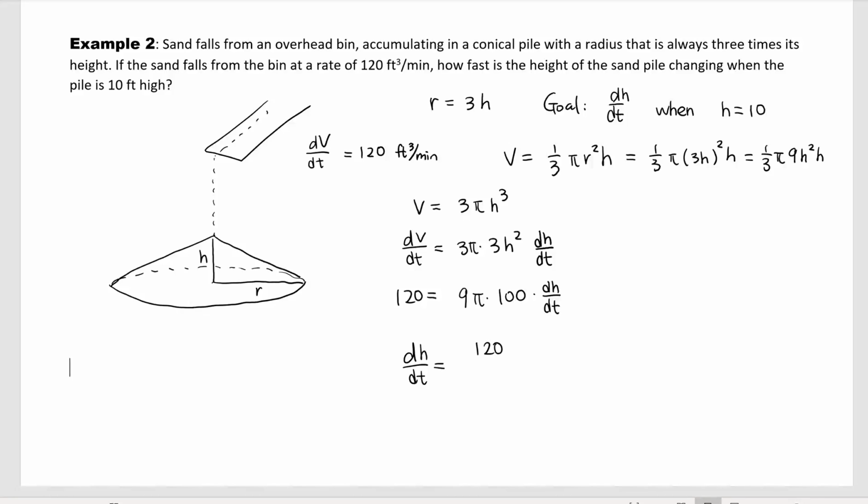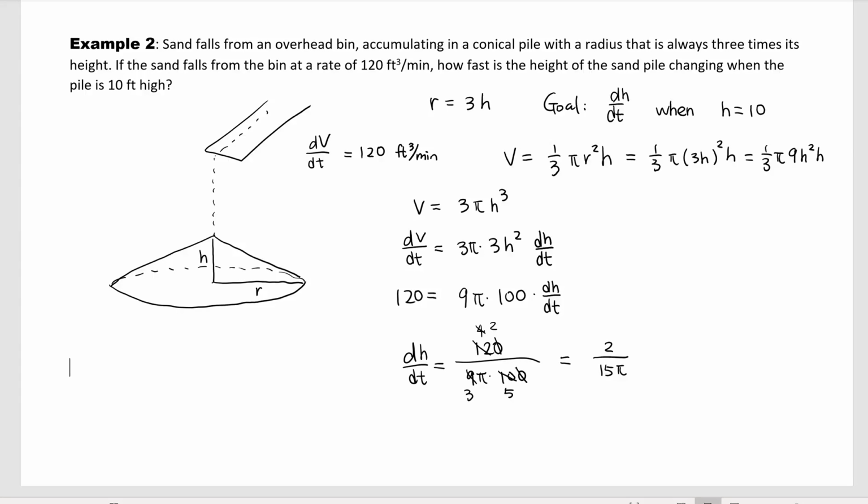That is 120 over 9 pi times 100. The zeros cancel, and then I can cancel the 3, and then I can cancel the 2. So the answer is 2 over 15 pi.